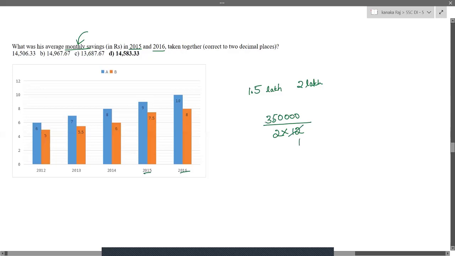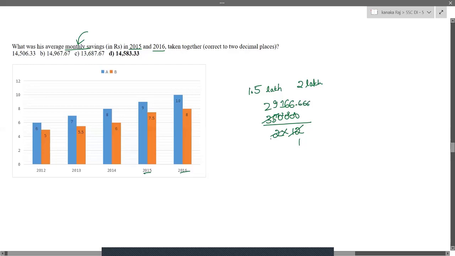12 1 times is 12. 12 2 times is 24. What am I remaining with? I'm remaining with 11. So 12 9 times is 108. So I'll be remaining with 2. So 12 once is 12. So remaining 80. So 12 6 times is 72. So once again, there is another 8. So 6 will be recurring.